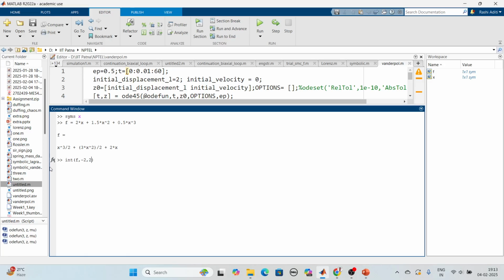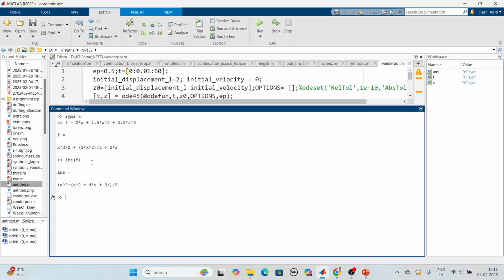So what have I done? For int, I have given the input as f, which is my function which needs to be integrated. I have given the lower limit of integration -2, and after that I have given the upper limit of integration 2. So let us do one thing.